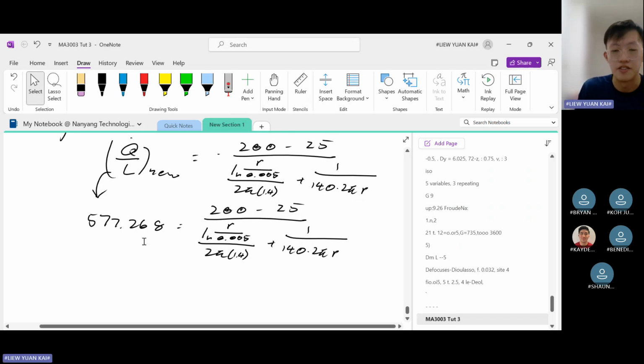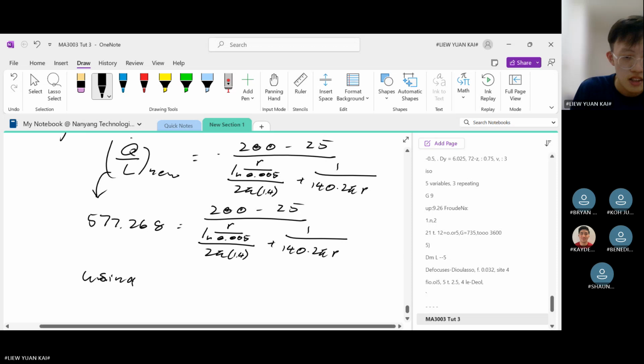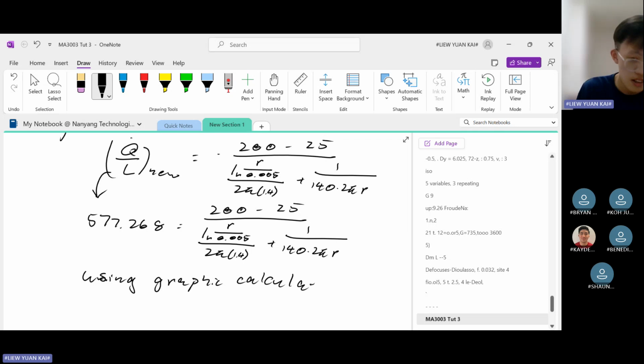Now, how are we going to solve this for R? It doesn't seem easy. Here we're going to use our graphic calculator. I'm going to show you how to do this, so bear with me.